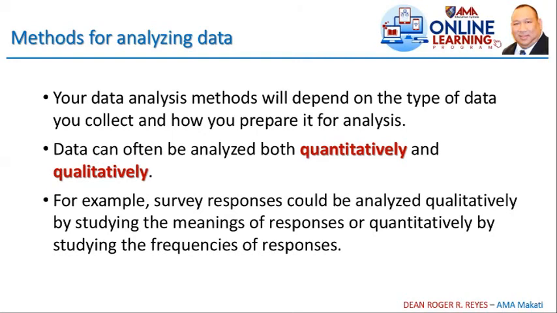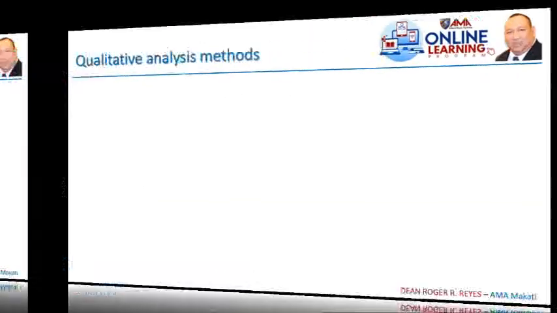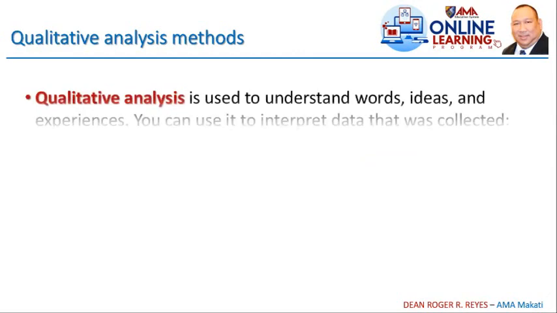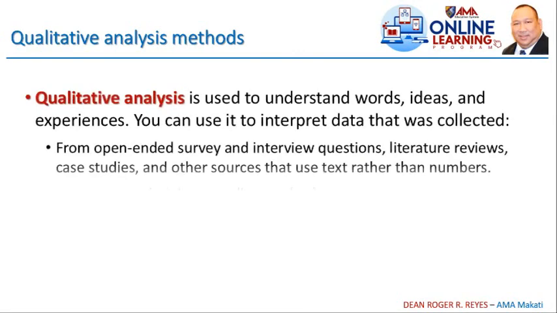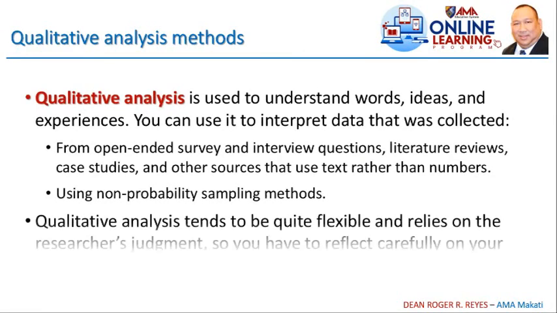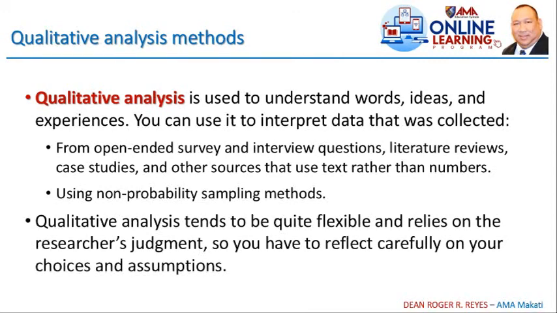So again, let us review. When we say quantitatively, we are talking of numbers, amounts, percentages. In terms of qualitatively, our data are in words. So qualitative analysis is a method used to understand words, ideas, and experiences.